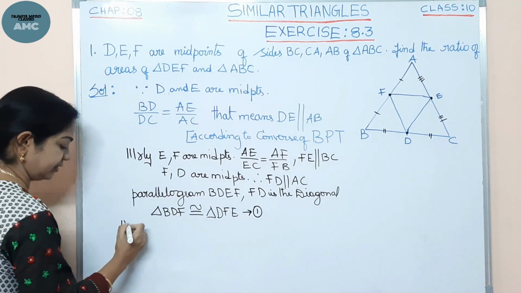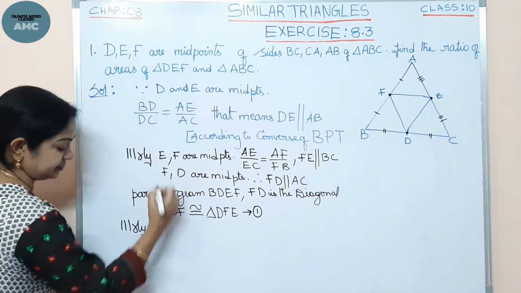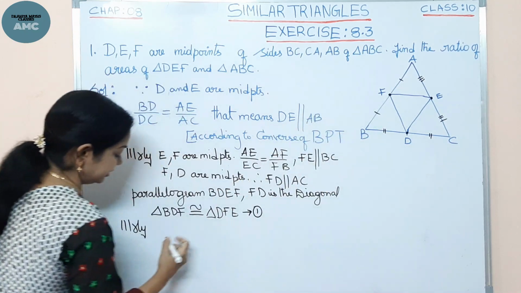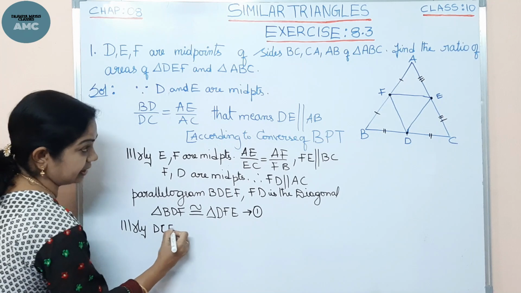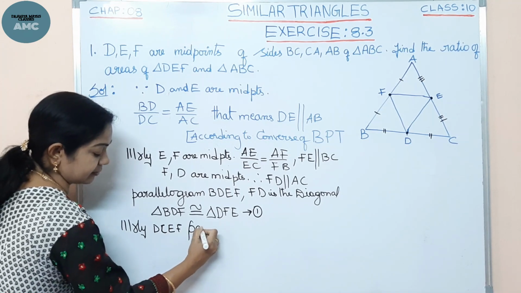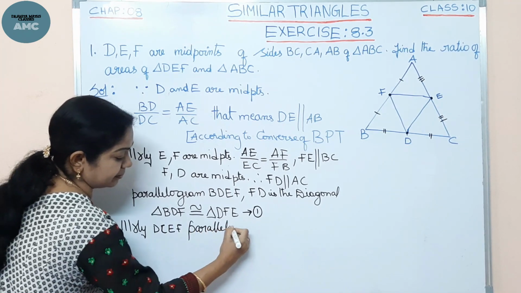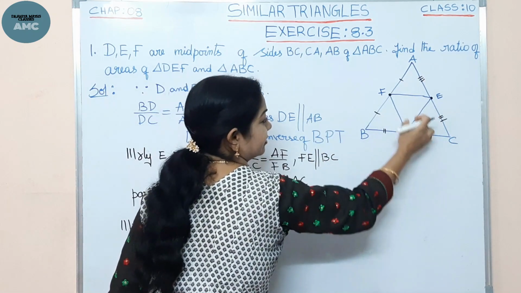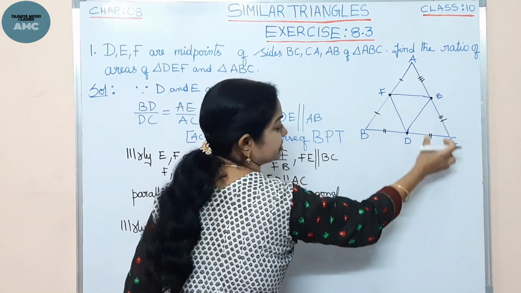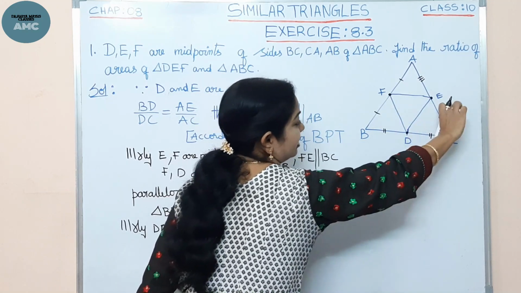Likewise, similarly, if you consider parallelogram DCEF, we can get this parallelogram. Now, we have proved that FE is parallel to DC, FD is parallel to this.